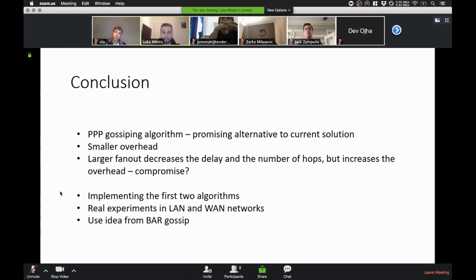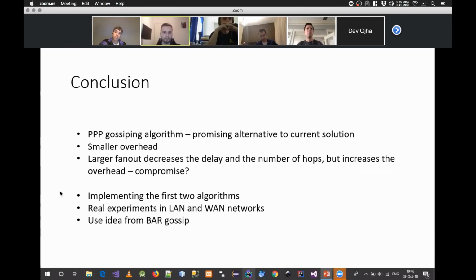It will also be very interesting to do real experiments in local area network and wide area network settings to actually observe the behavior of the push-pull-push gossiping algorithm in comparison to the current solution, and to compare their capabilities in a much clearer manner according to the aforementioned metrics. It would also be a good idea to use an idea from BAR gossip.